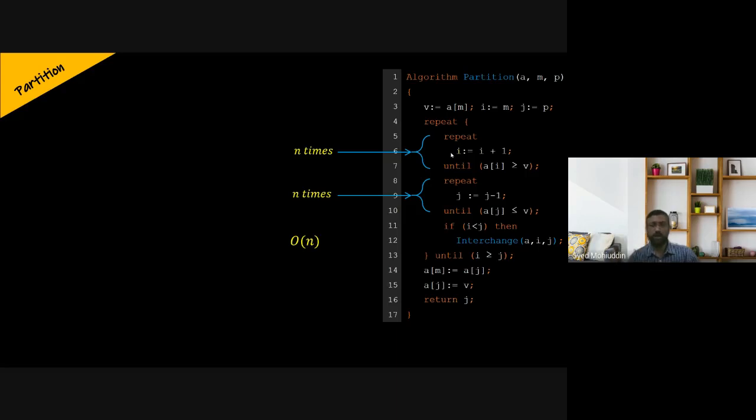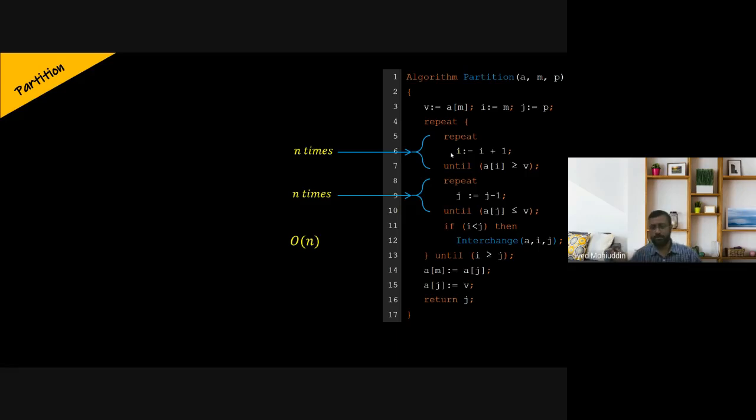It runs only until I crosses j. On an average, it will run for half. And it is not always exactly half, it depends upon how the elements have to be partitioned. So it will never run for n number of times.